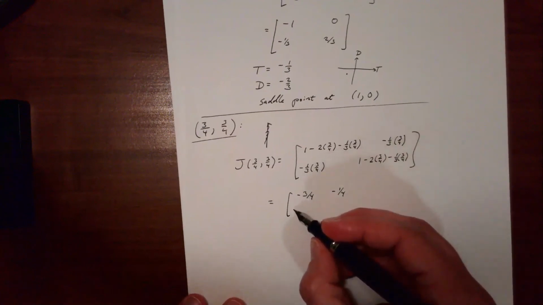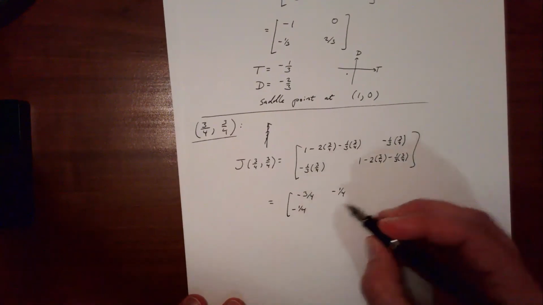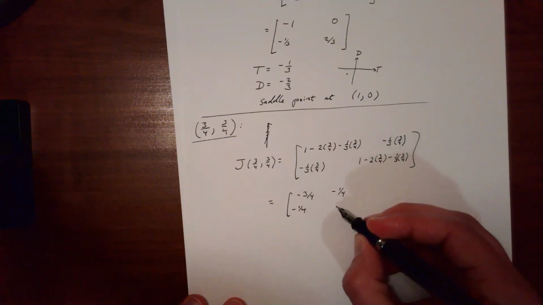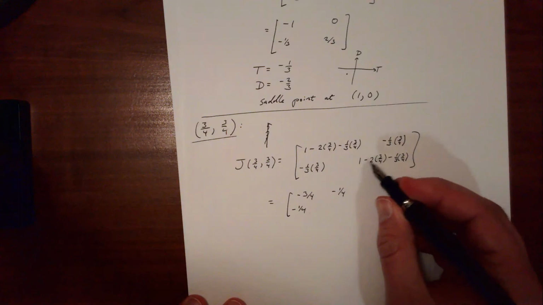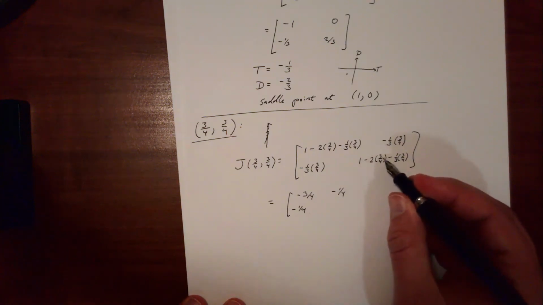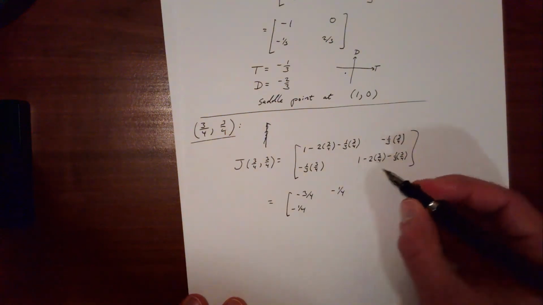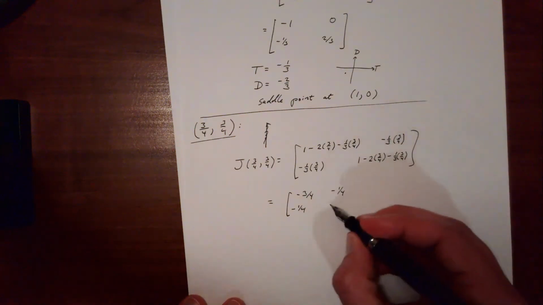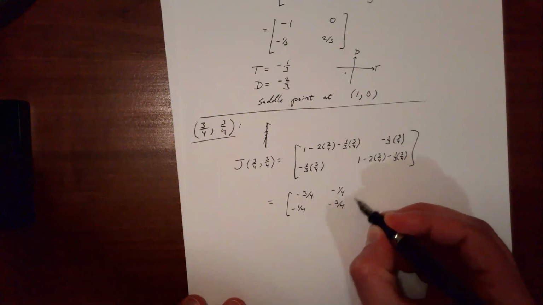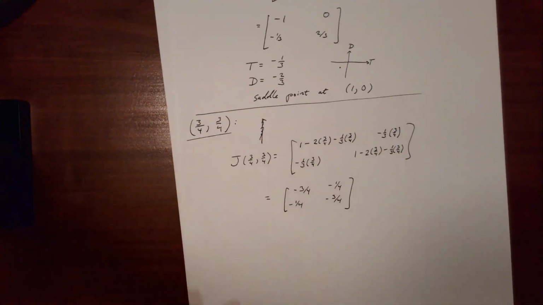Over here, negative 1/4. And over here, just as before, 1 minus 6/4 is 1 minus 3/2, so it's negative 1/2, just making sure that we weren't wrong the first time. And so we have negative 3/4 here.